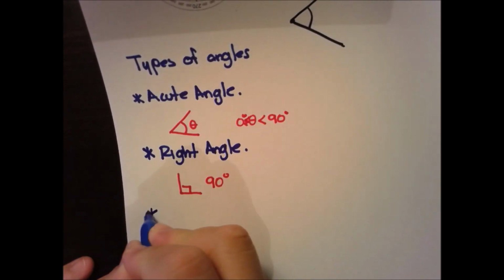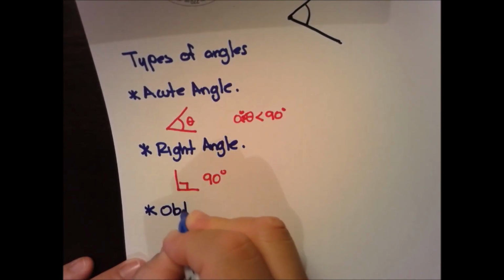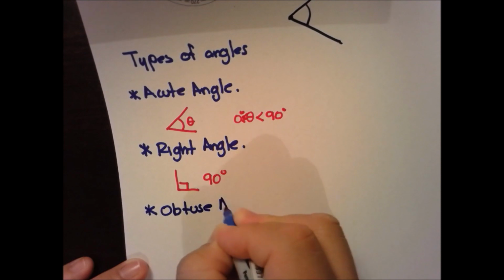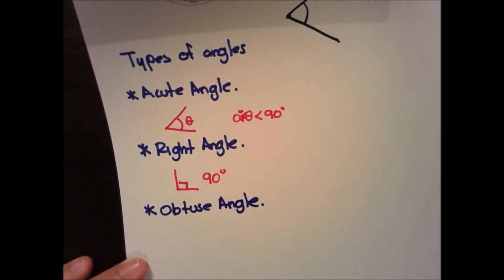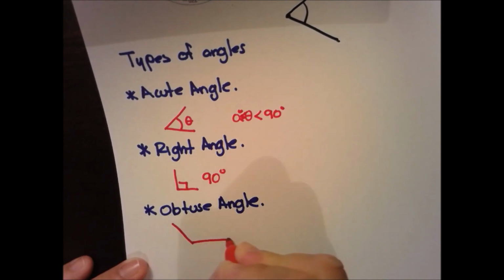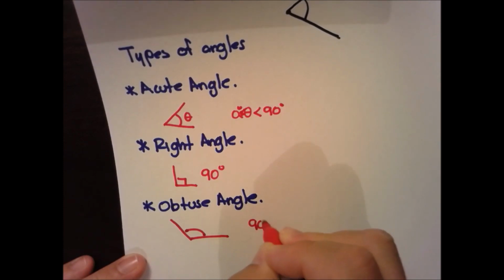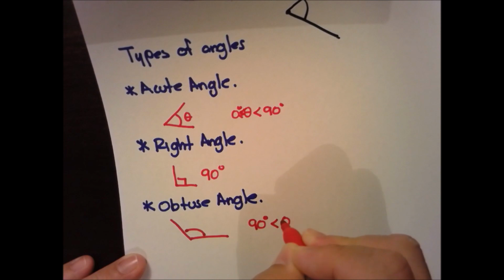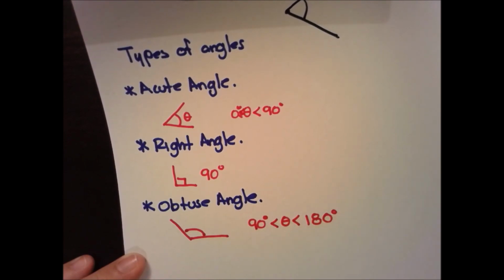Next one is going to be the obtuse angle. What is an obtuse angle? An obtuse angle is going to be something like that. As you can see, now the angle is more than 90 degrees and less than 180 degrees.